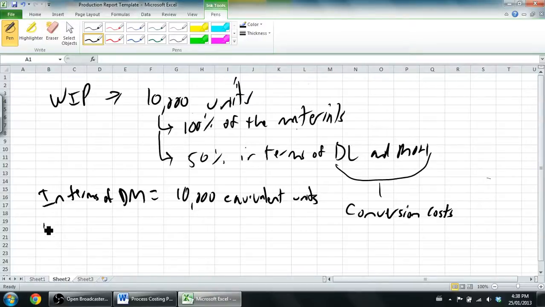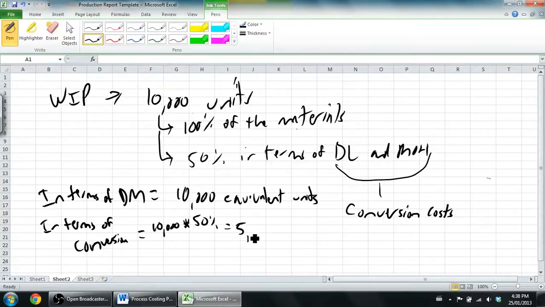In terms of conversion, in terms of labor and overhead, we've got 10,000 units that are half done. That's the equivalent of having 5,000 units that are totally done in terms of work, right? 10,000 units, I've done half the work. That's, for the purposes of these calculations, the equivalent of having 10,000 times 50%.